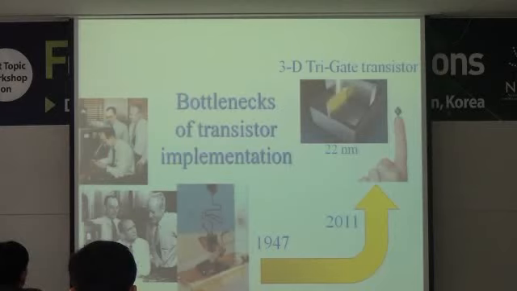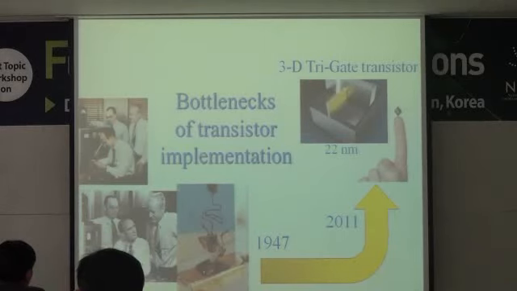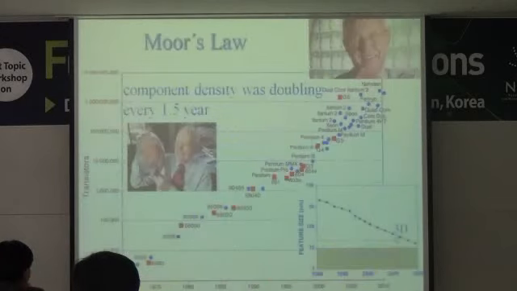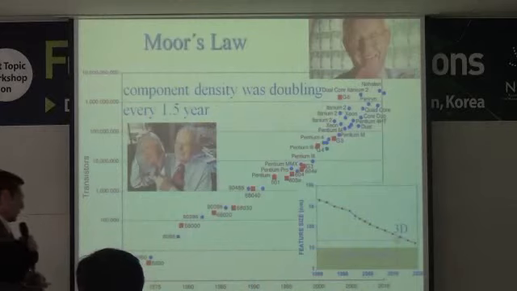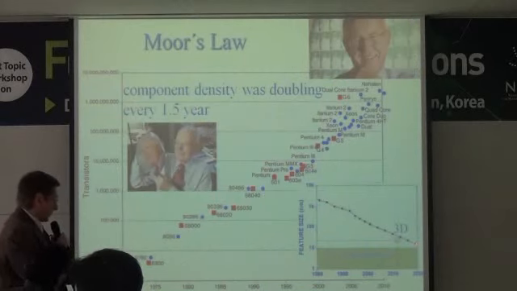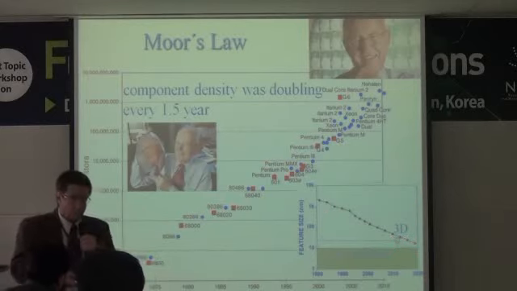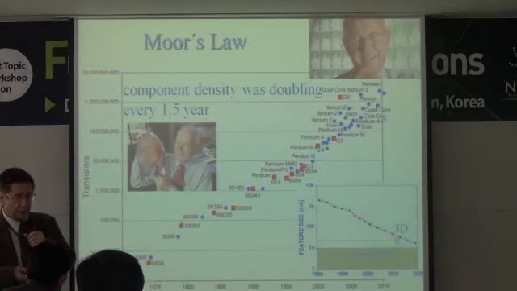A 22 nanometer transistor was published, and some labs also have 14, but it was not published yet. From the first transistor to today's transistor, it is really exponential progress, and we can see that the transistors are on the Moore line, which may continue in the future.